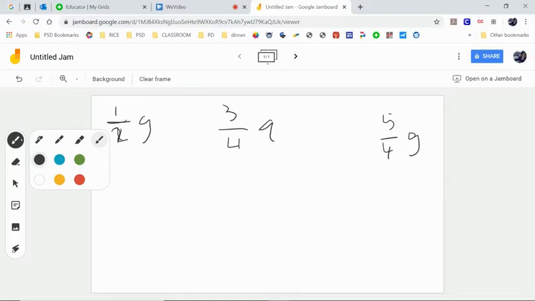So we need to change these gallons into quarts. So for A, it says, how many quarts of gasoline does Christian have left over? Explain.